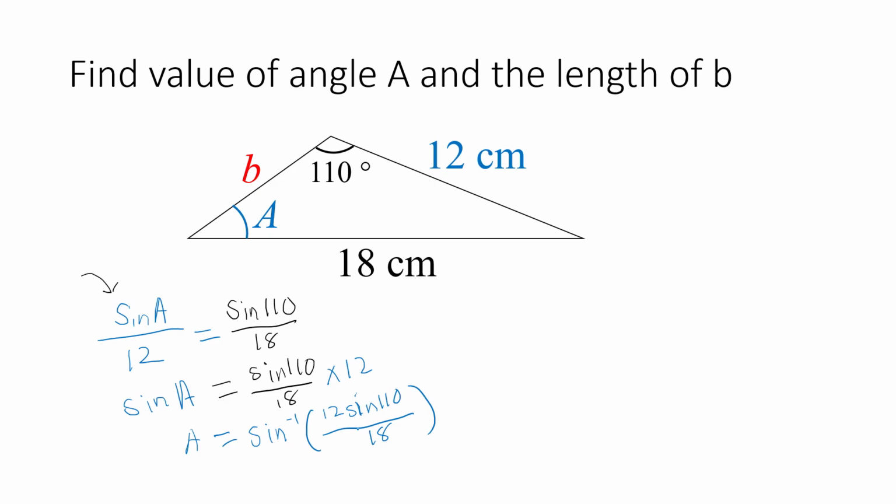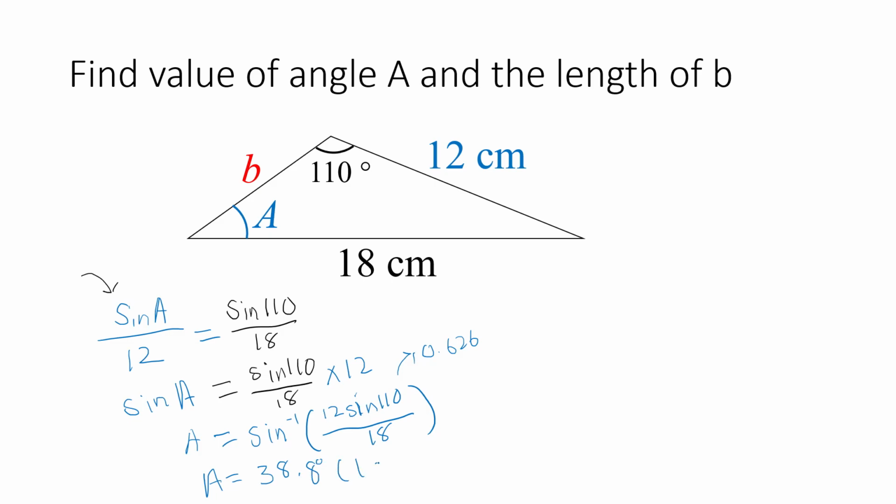So all I have to do is to calculate what is this. You can just take out your calculator and key them in. Over here, this thing I should get 0.626. And if I inverse sine it, I will get A is equal to 38.8 degrees.